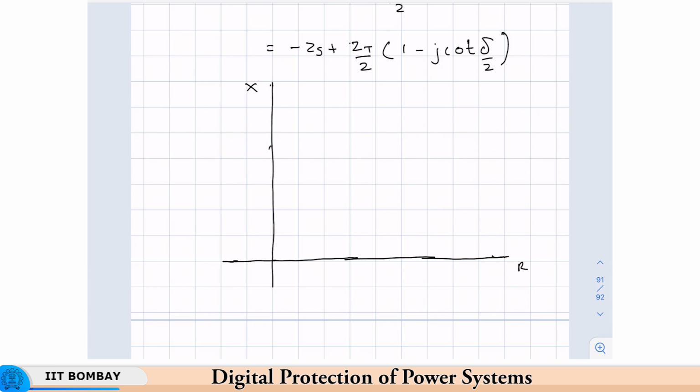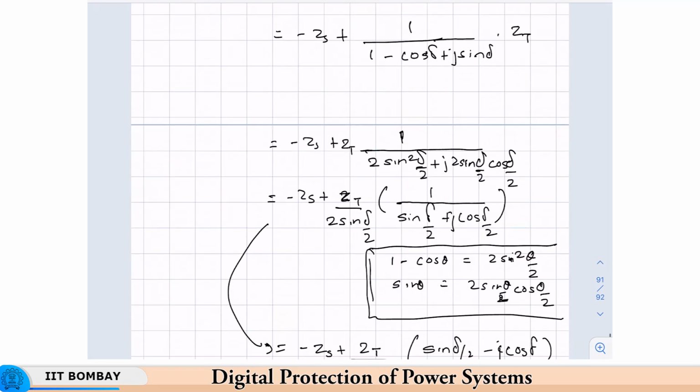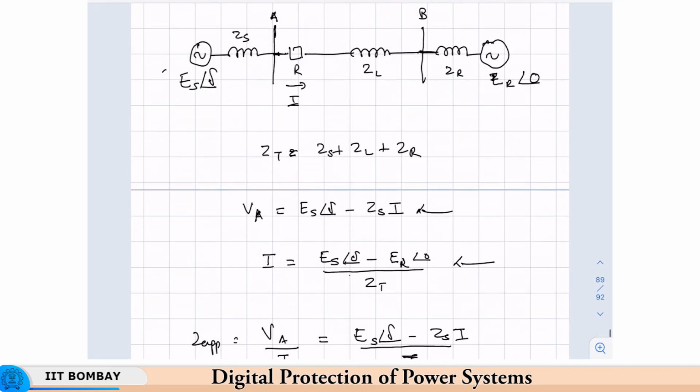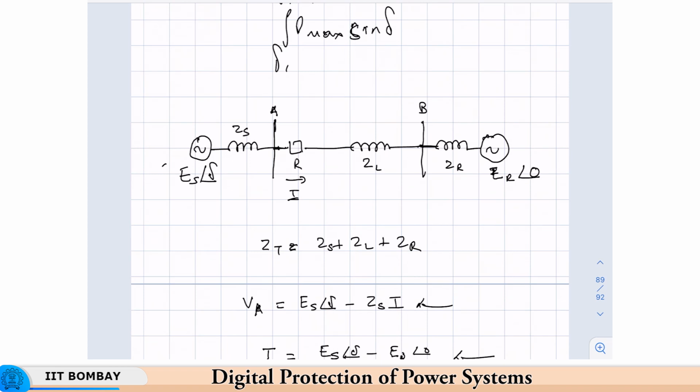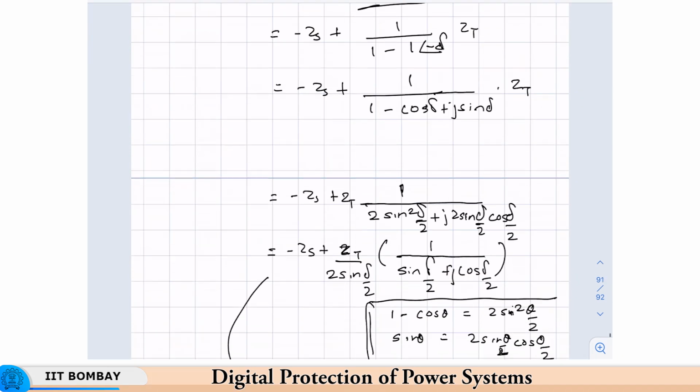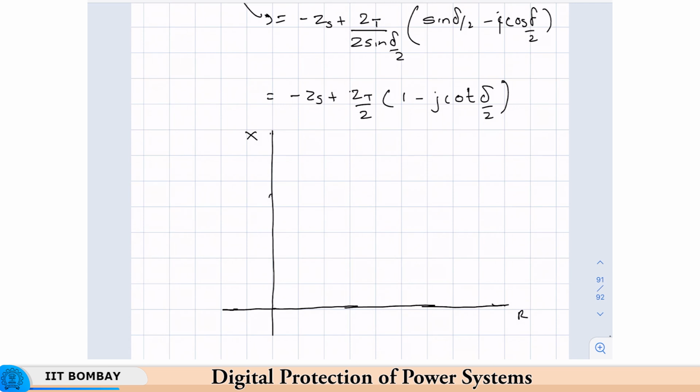This is R, this is X. Okay. Now, just have a look at the original system here. What is it? This is Z line. Usually, the relay we will see, we are interested only in the primary line. So, we will take the relay at the origin, and this is ZL.